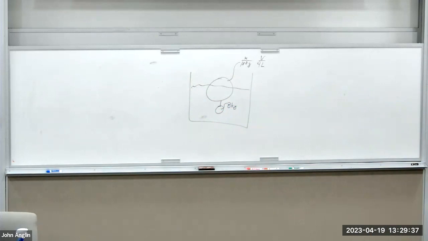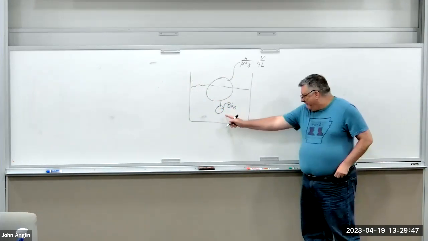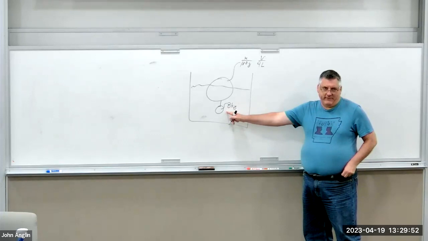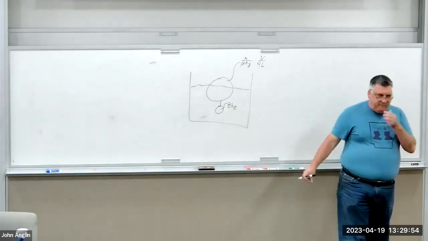So we've got a basketball that weighs 100 grams, but it's being pulled down by something that weighs 8 kilograms. So thousands of times more mass.